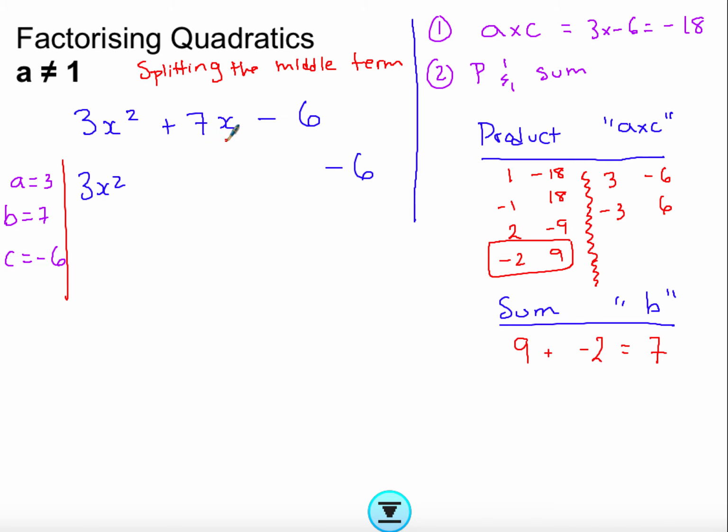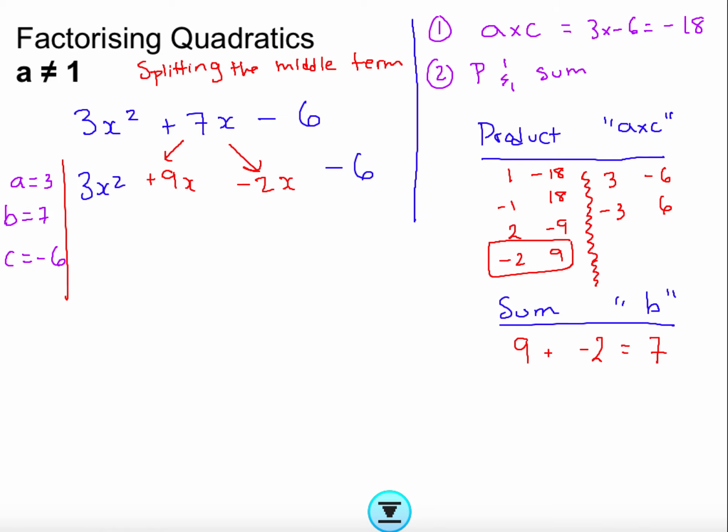The 7x, well, we just recognize that it could come from 9 and negative 2. So let's rewrite it as such. And it doesn't matter at all which one comes first. So 7x is the same as saying 9x minus 2x, or minus 2x plus 9x. Again, nothing too different. This is what you wanted to find. We just rewrote 7 as such.